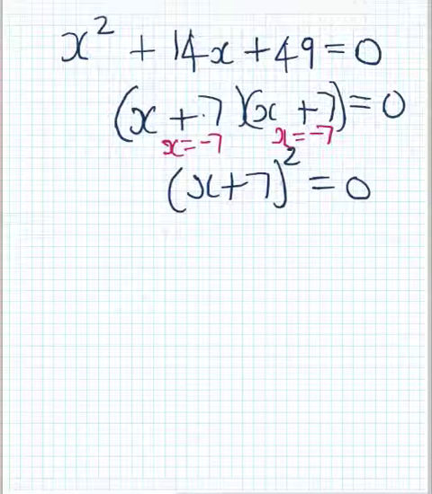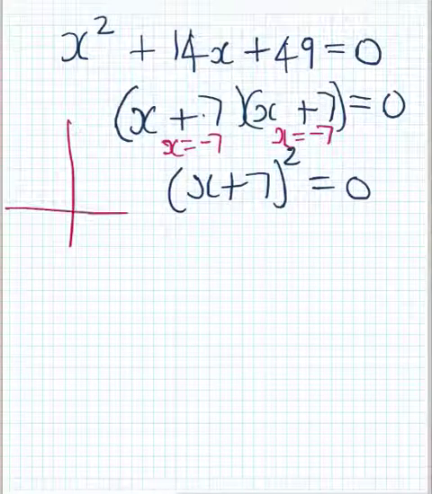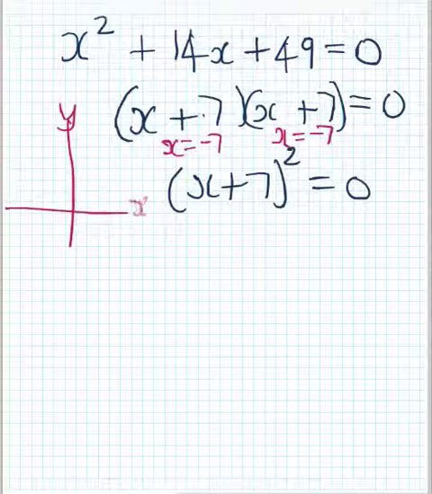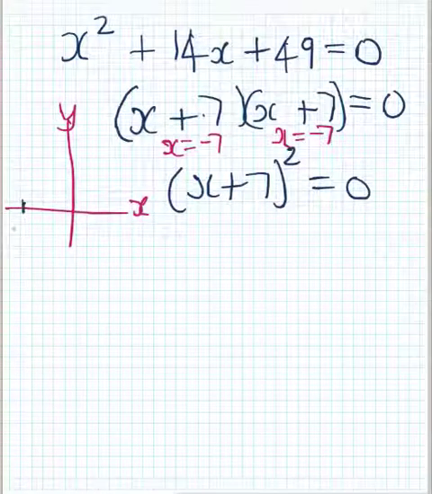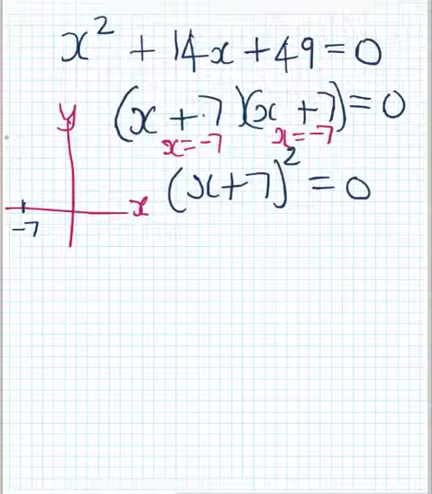When we end up with something like this, we'll look into this more when we start drawing parabolas, but basically when you have two x-intercepts that are the same, and in this case x is equal to negative 7 twice, that's telling you that the parabola comes down and just touches the x-axis at that one point.